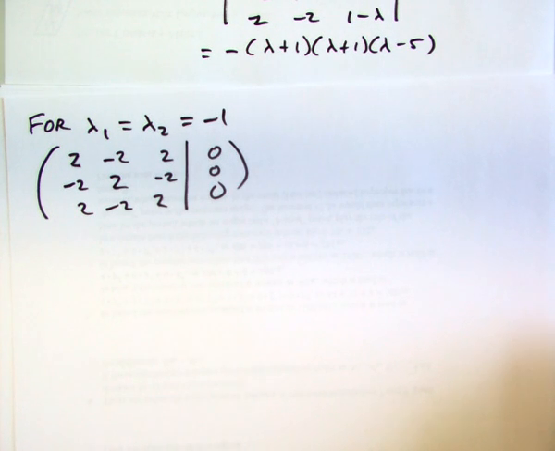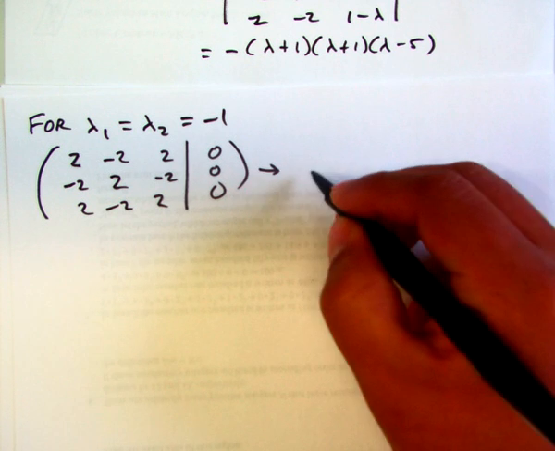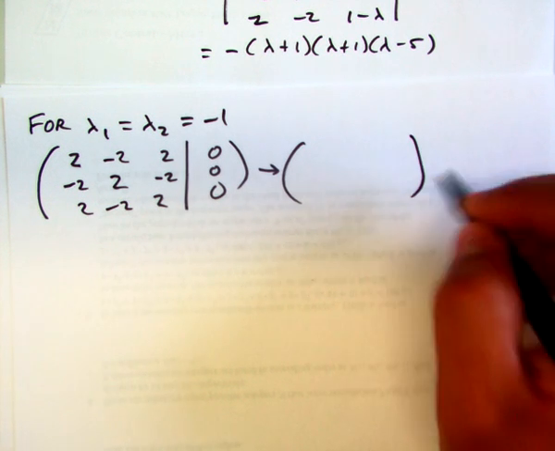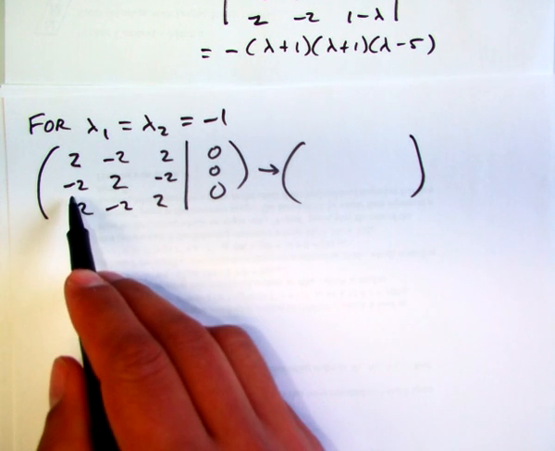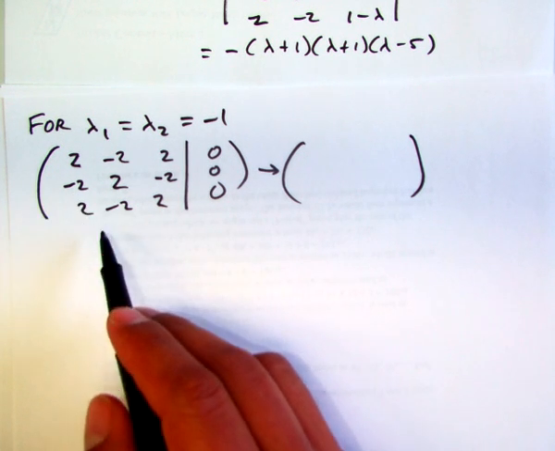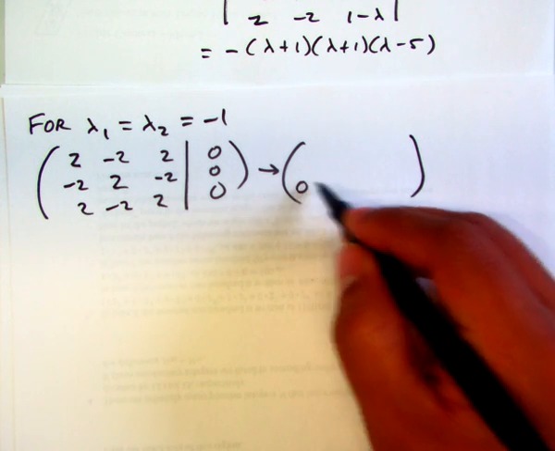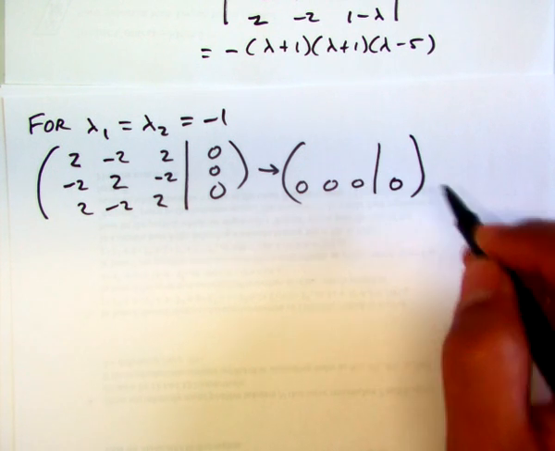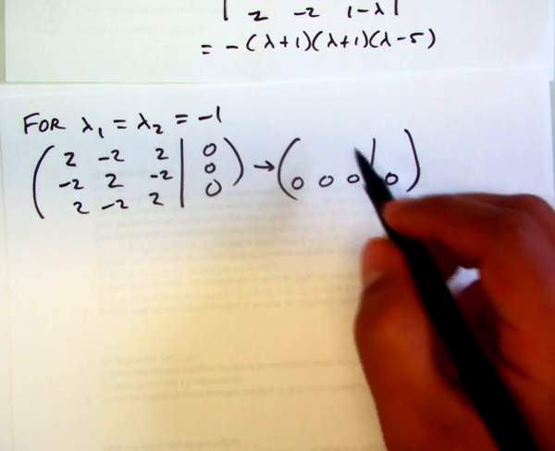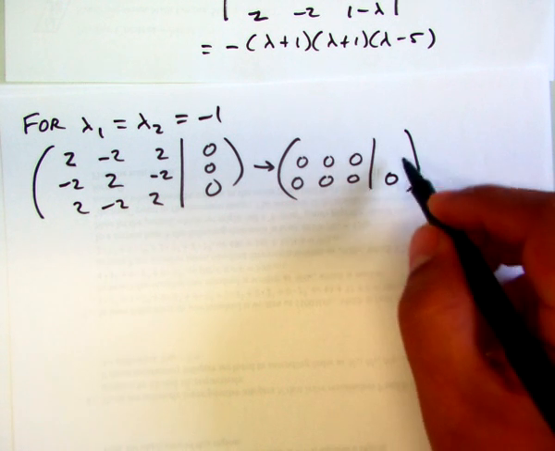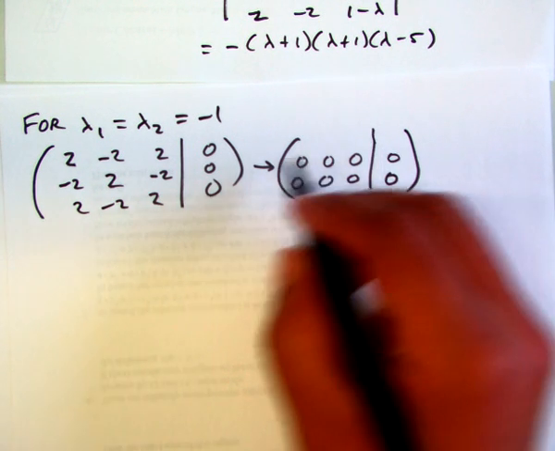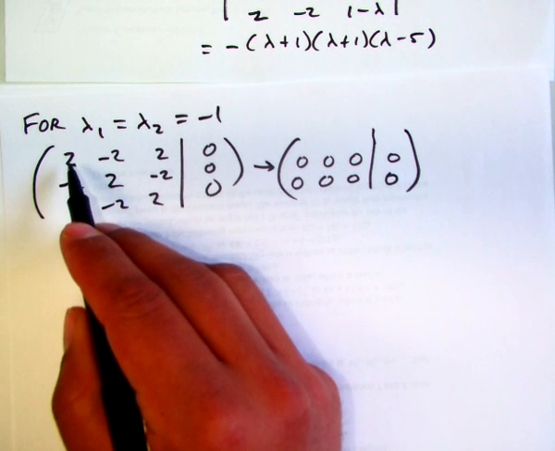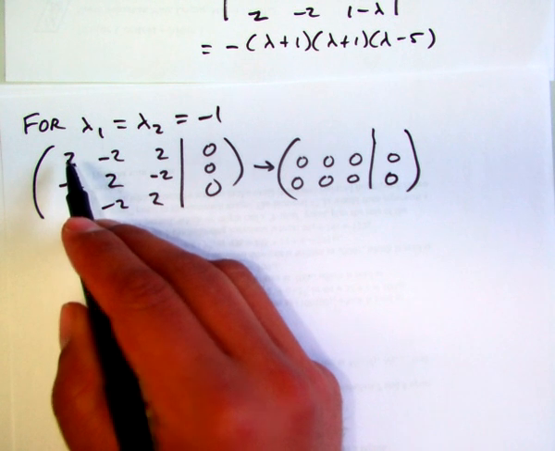Well, this is nice. If I add these two rows together, you eliminate the third row. And if you add row 1 and row 2, you eliminate the second row. And if you just multiply through by a half, you get 1, negative 1, 1, 0.